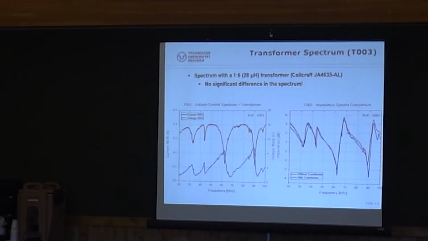But when I plot the impedance by just dividing the voltage by the current, I get the same impedance as when I run without the transformer in my system. So, as expected, with any transformer, okay, it could be because we're not picking the right transformer, we don't see any change in the impedance. So, any phase in the resonance, or from the first resonance to the second resonance, there's no relative change between those.